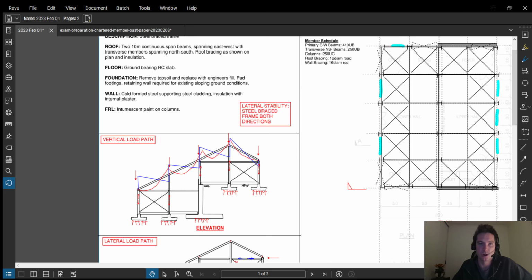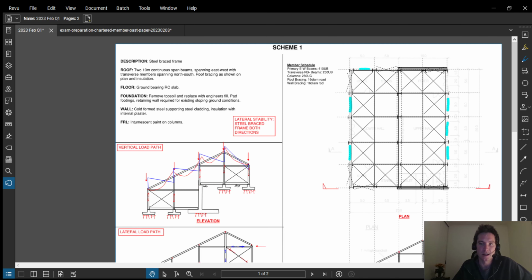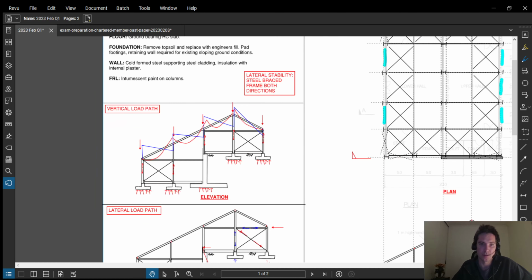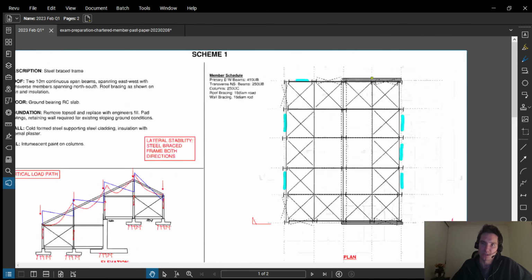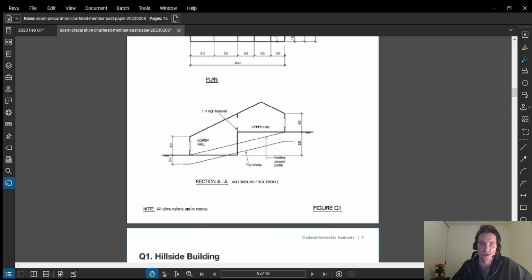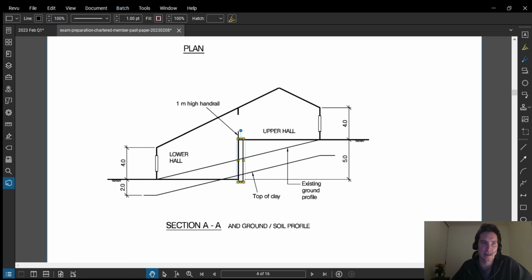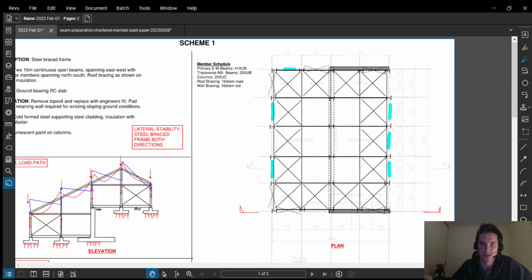For the foundation, I've also, as I highlighted, the fact that we've got that sloping soil, so we're going to need a retaining wall. And one thing not to slip up on, as I've shown on plan here, is that if I go to the section provided, you might look at this and think, oh, I need a retaining wall just through the middle here, but keep in mind, try and think in 3D, that retaining wall sort of has to wrap around like this.